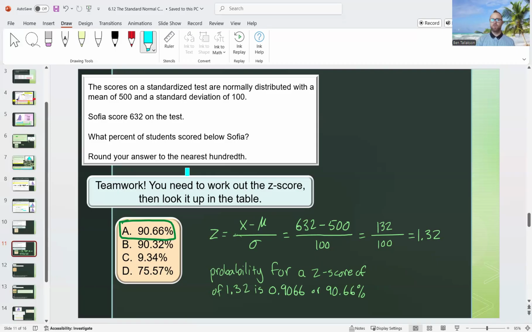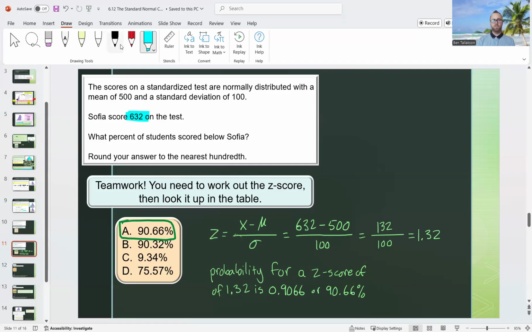But we need a z-score, right? Because why? Why do we need a z-score and not a raw score? Because they gave us the raw score, right? That's the thought process. They gave me the raw score.